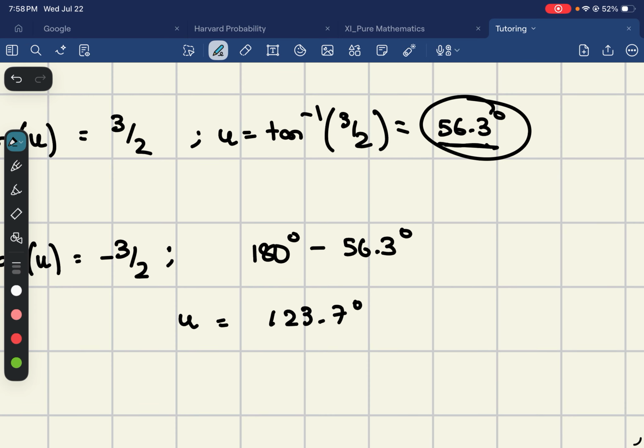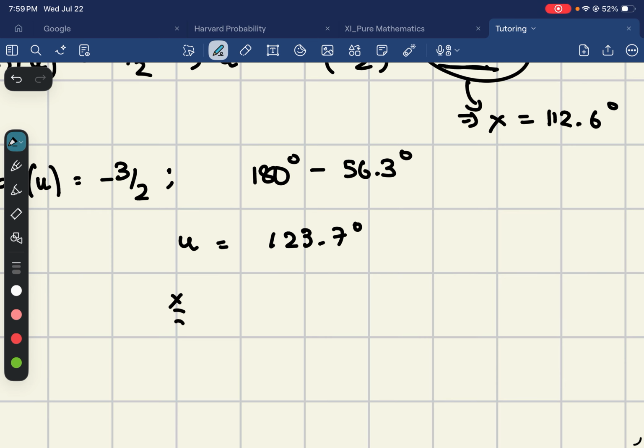However, remember, u is x by 2. So if you need to solve for x here, you need to multiply 56.3 times 2. And that gives you 112.6 degrees. And this is, again, x by 2. So x is going to be 247.4 degrees.